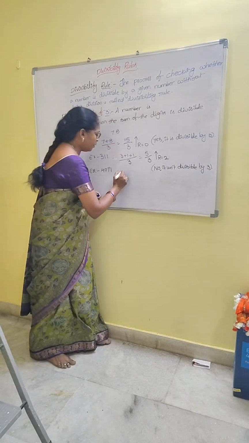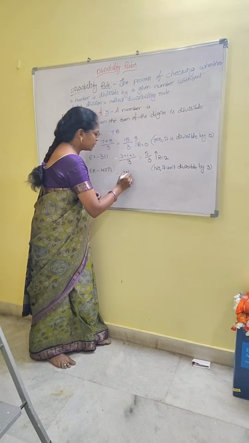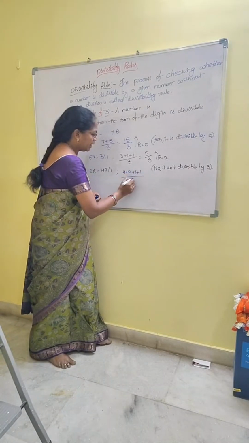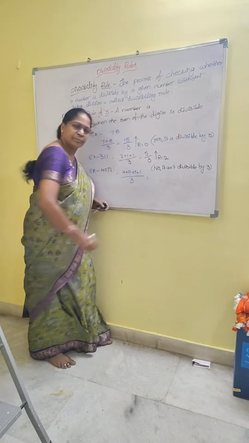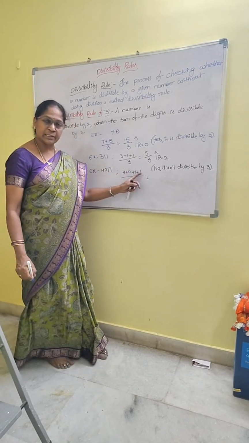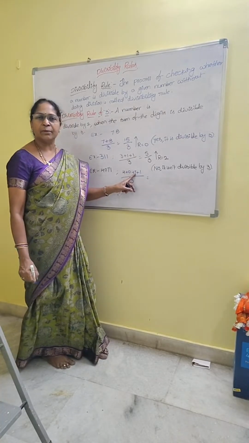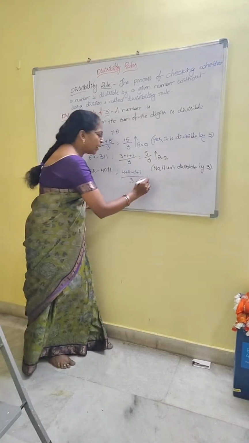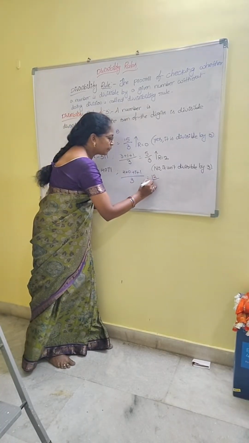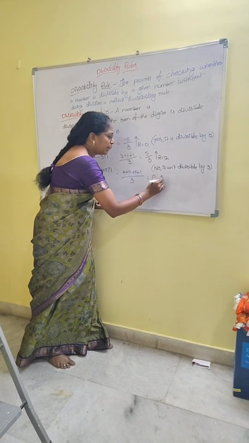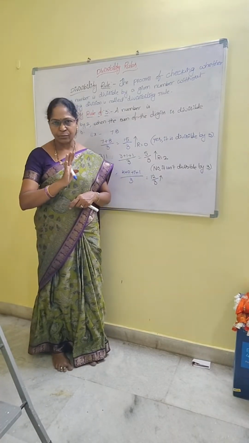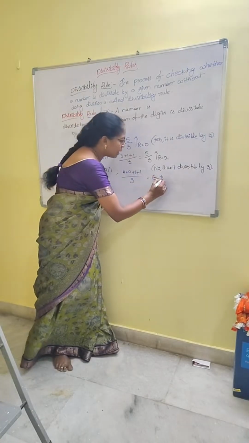Just check here. 4 plus 0 plus 7 plus 1 divided by 3. Now add these digits. 4 plus 7 equal to 11 and 11 plus 1 equal to 12. 12 by 3. 3 goes into 12 how many times? 4 times. 3 4s are 12.